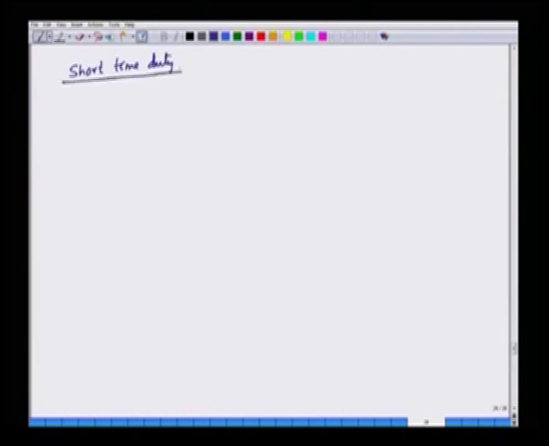If we plot the load torque curve against time, this is the time axis and this is the axis for the load torque. What we have here is that the load torque is applied only for a small time.